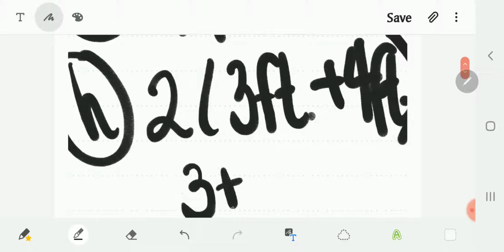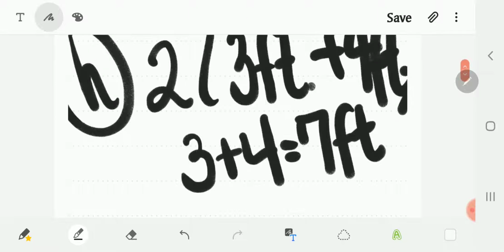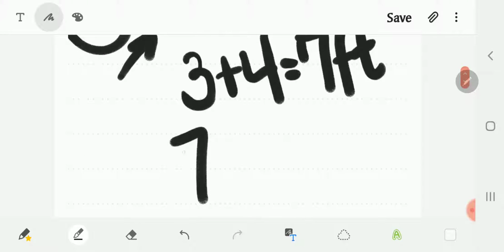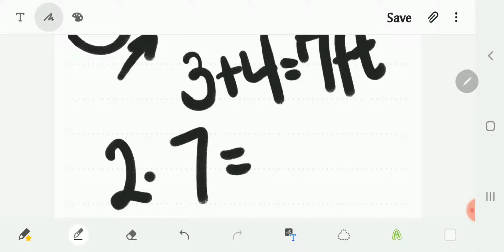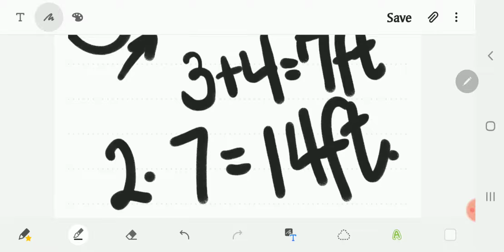So 3 feet plus 4 feet equals 7 feet. The key is to not forget about the 2. The 2 is on the outside, so it's multiplying. So 2 times 7 feet equals 14 feet.